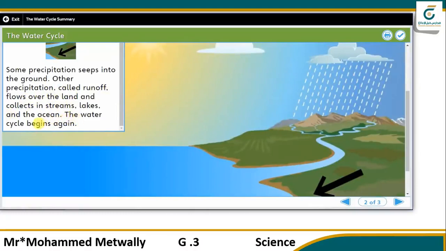The water cycle begins again. Any cycle can form again more than one time, because there will be changes in the form of the water, so it can be repeated again and again.